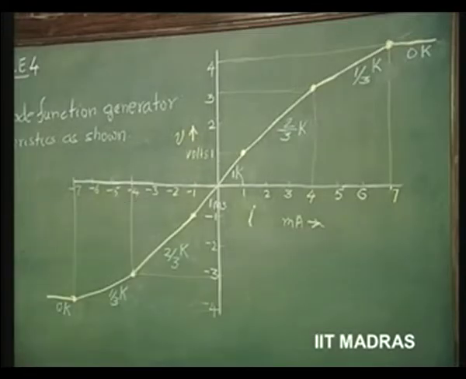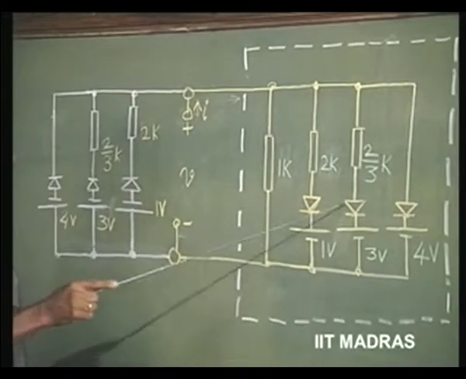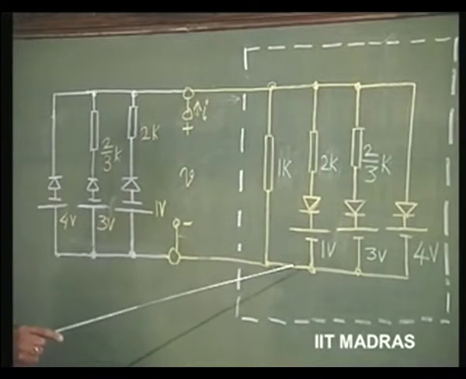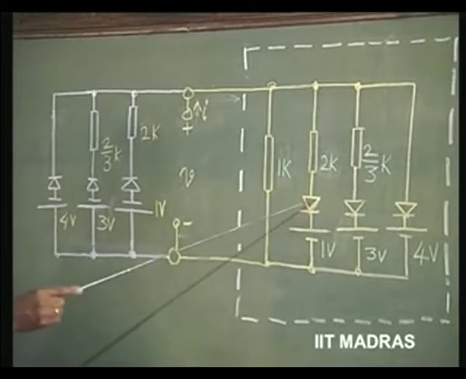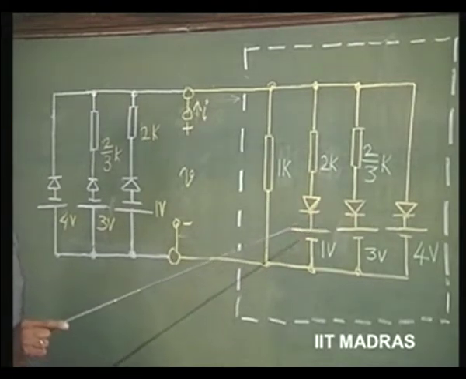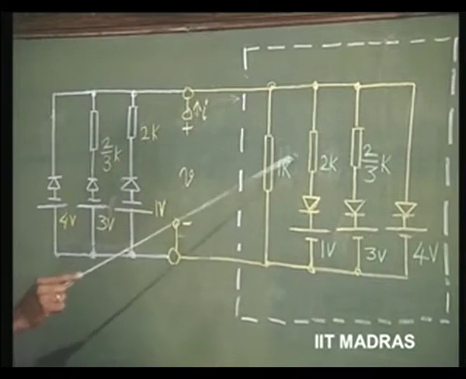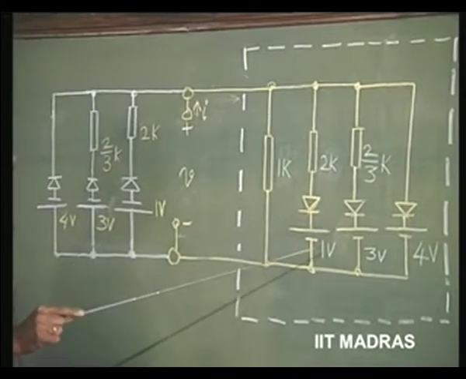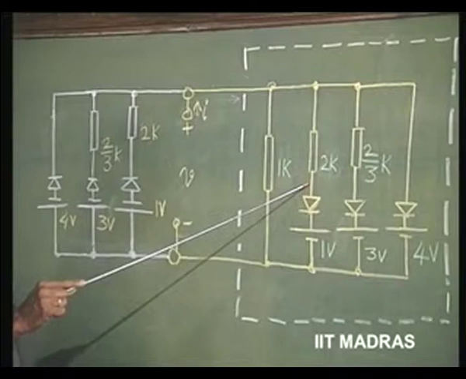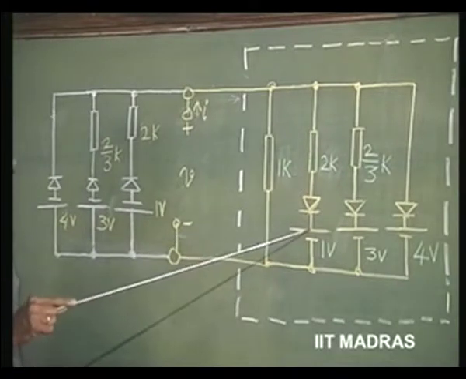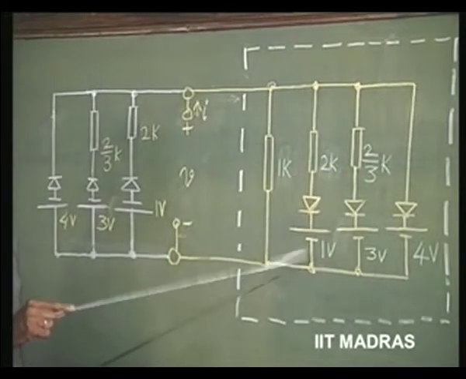So, that is all right, that is straightforward, and during that time these diodes as also these diodes will be all off. That is because these diodes will come into conduction only when the potential of this is higher than this by 1 volt, right.